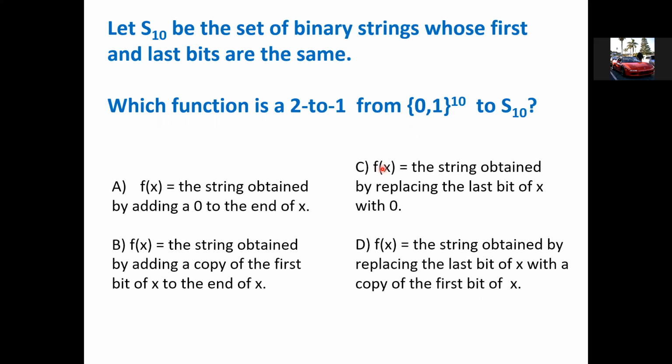So you can also see it as the case of the 2-to-1 function. We're going to beat this horse of the S10. These are bit strings whose last and first bits are the same. Actually, I can see it as a case of a 2-to-1 function that maps 10-bit strings to these.